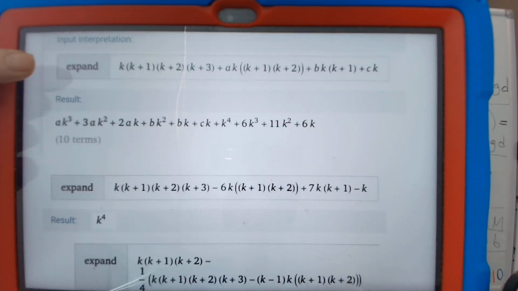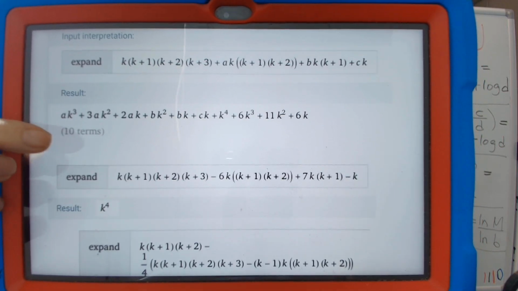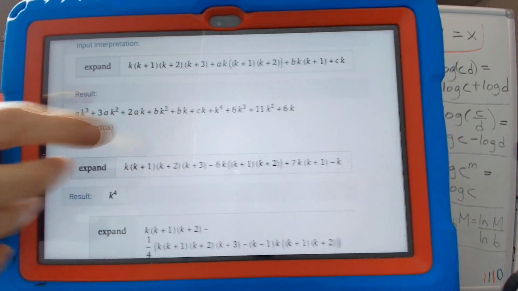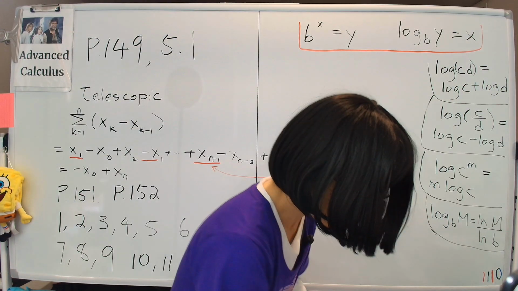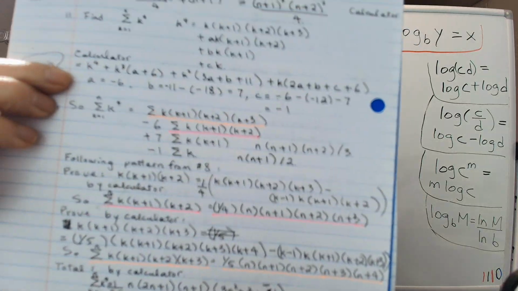So once I typed it in, here's the expanded result. Then I collected terms. I focus on this line, and then I collected all terms by the power of k, collected the terms and set things to be 0.